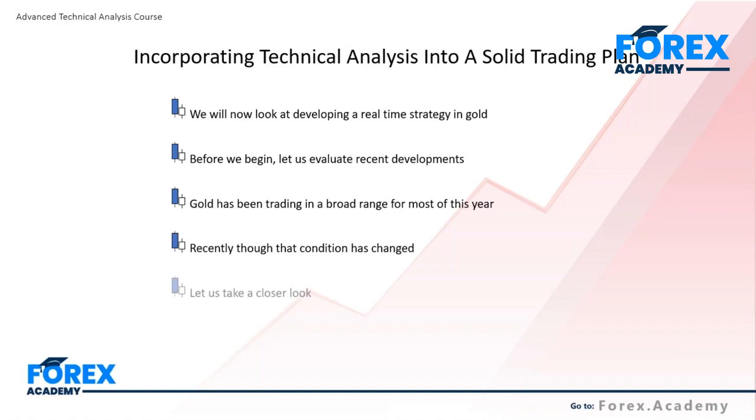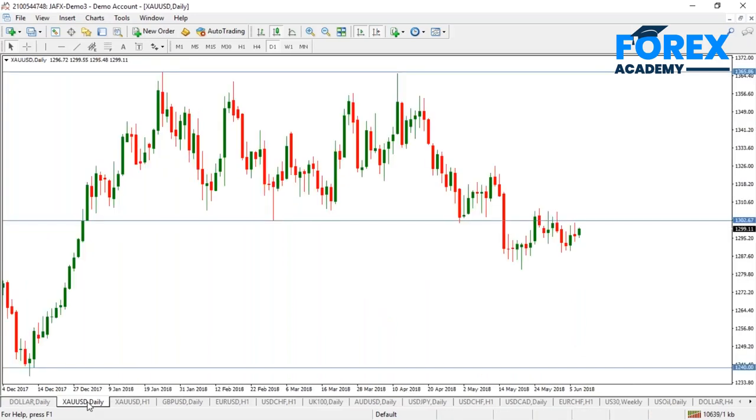Let's take a closer look at price action. What I'll do now is call up a chart on gold, and you can very clearly see how gold traded following the high in January within a clearly defined sideways move, having found support and resistance at various intervals within the range, and eventually breaking that range in May of this year.